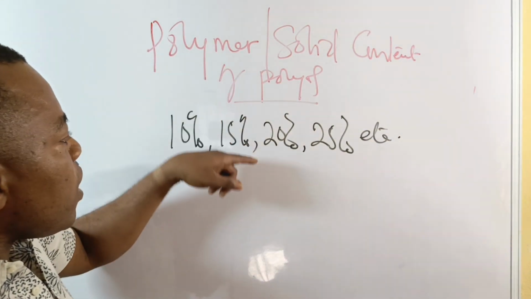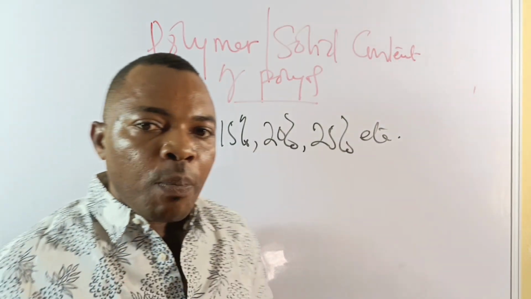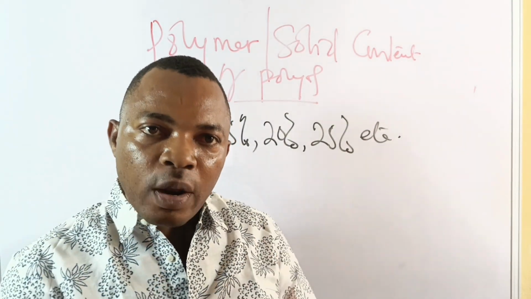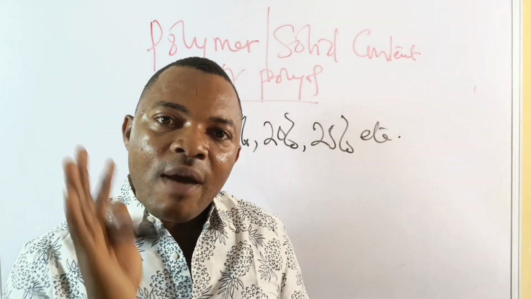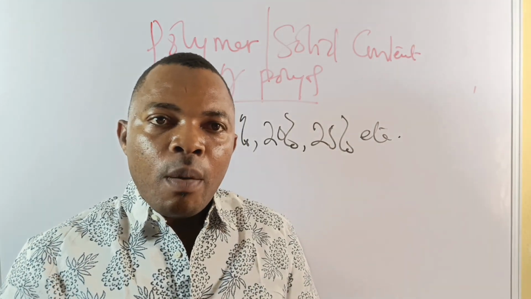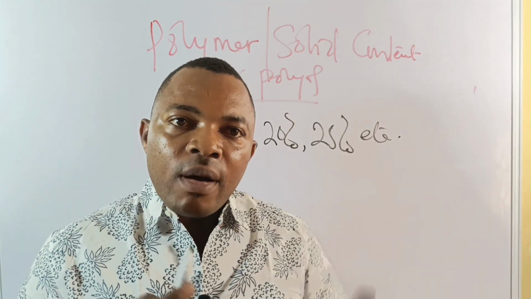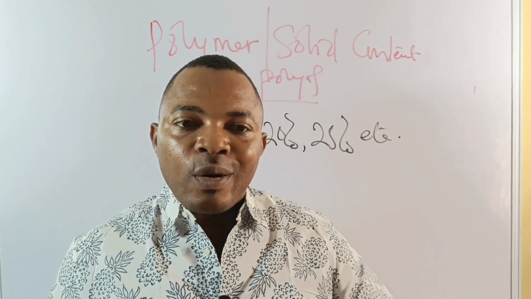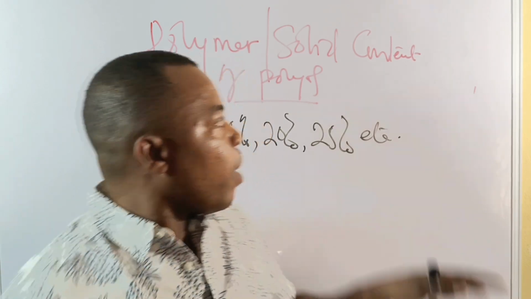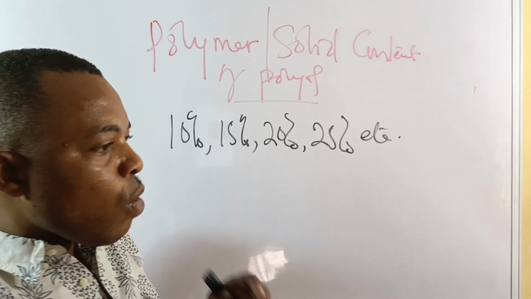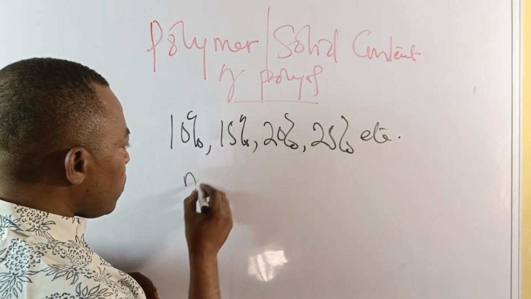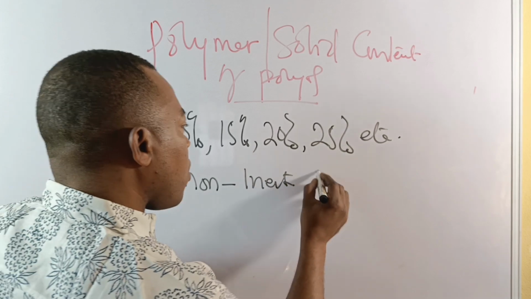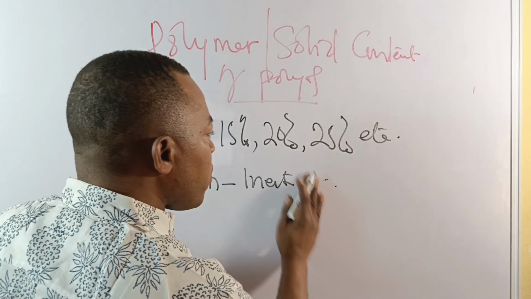And this one is introduced into the polyol system as a polymer, as a copolymer, just to further reinforce, bringing out the load-bearing properties of that polyol that will give you the best foam and also the durability. But in the solid content, we mean non-inert compound or solid. Let me use the word solid.